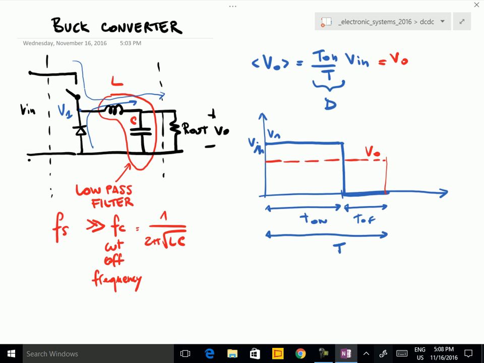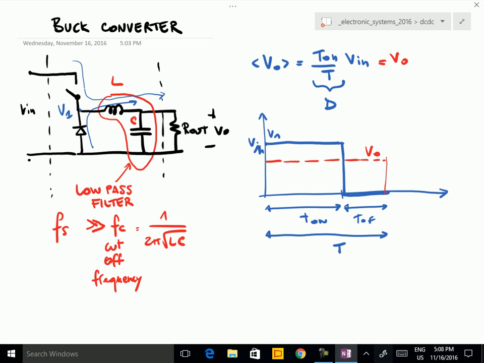Now, of course, you can see that if you change the duty cycle, you can change the output voltage. If you change the value of T on with respect to the total T, you can adjust the output voltage more or less as you want. Okay.